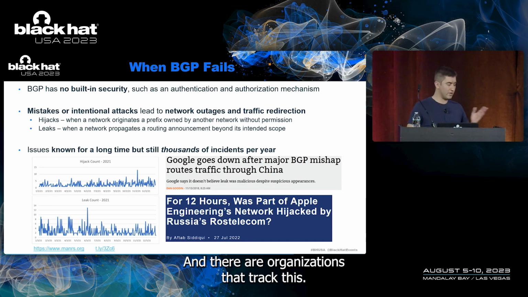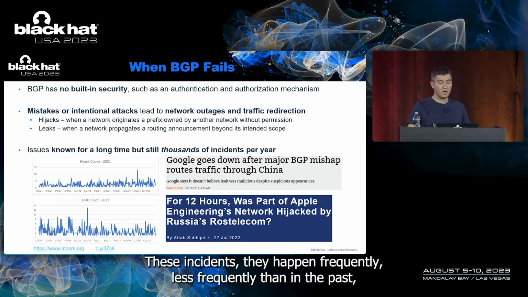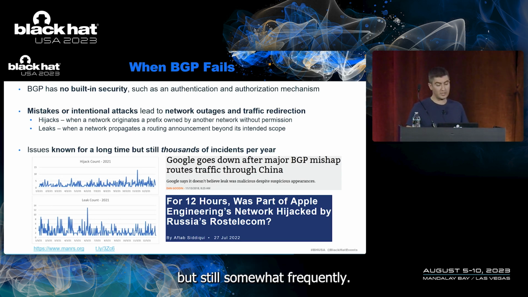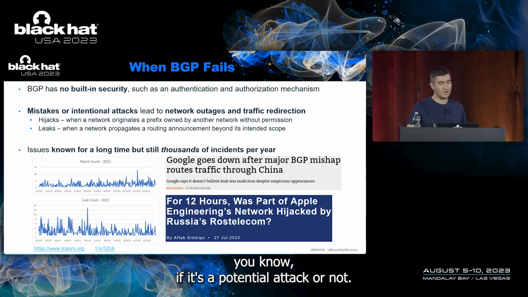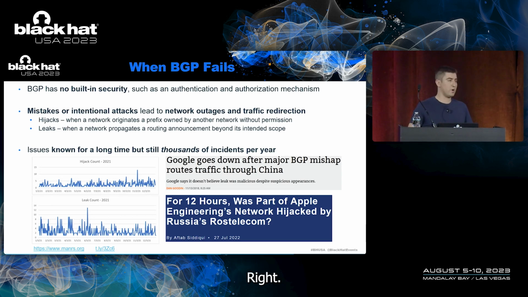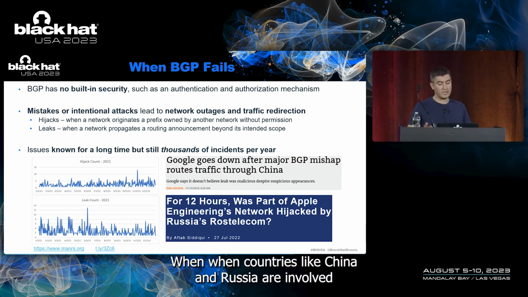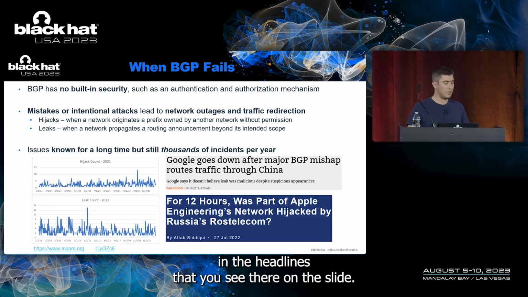And there are organizations that track these incidents. They happen less frequently than in the past, but still somewhat frequently. And there are, from time to time, big cases that lead us to wonder if it's a potential attack or not, right? When countries like China and Russia are involved in the headlines that you see there on the slide.